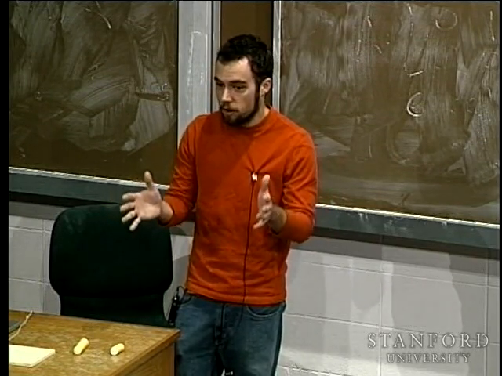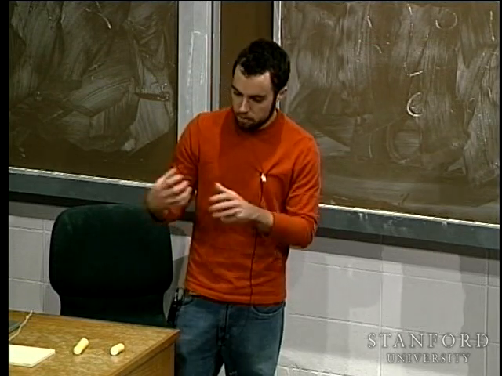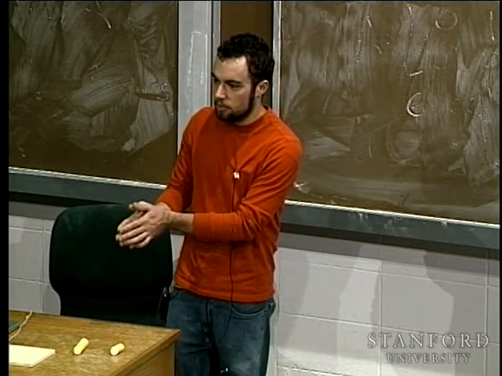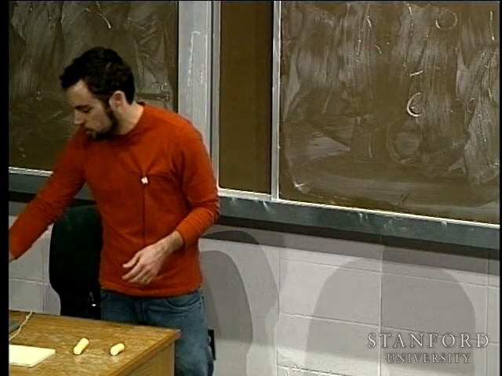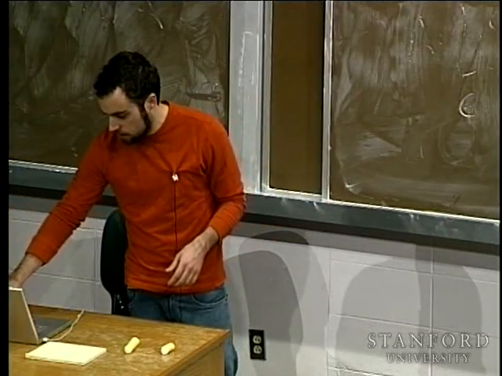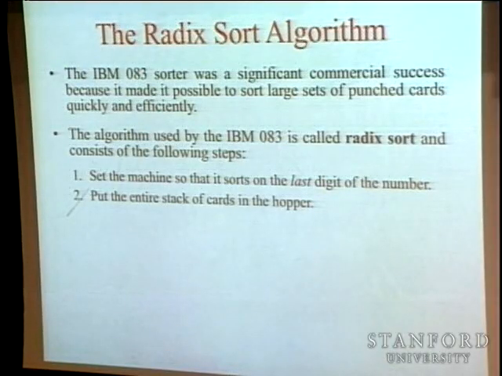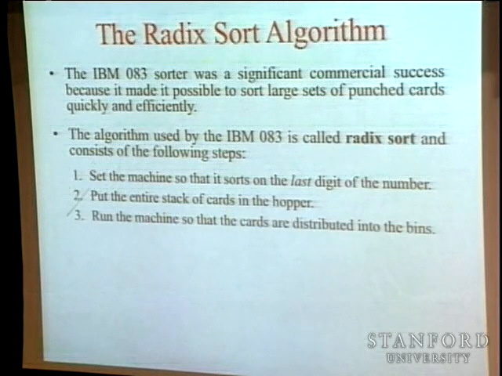So you've got these buckets that have cards that aren't in any order within the bucket, but then you at least know that each bucket contains all the cards that are less than all the cards in the next bucket. So you can take them all out and stick them back together as a single thing, and then set the machine. The machine has this thing called the hopper, which is just a place to put the cards.